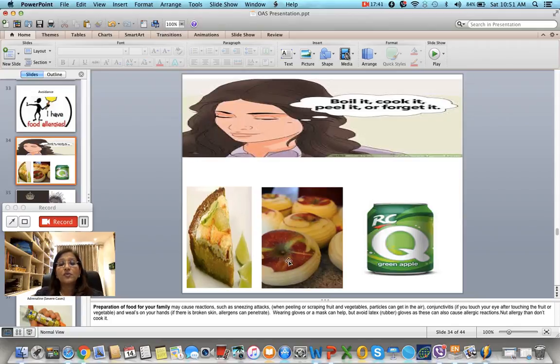Peeling usually helps as well because most of the antigen is concentrated in the peel. However, some people would get a reaction while peeling, so be careful. You could wear gloves, if you're not allergic to latex, and peel the fruit. Canned fruit and vegetables do not cause those symptoms in most patients. However, with nuts, roasted nuts and soya, you cannot get away with cooking it.